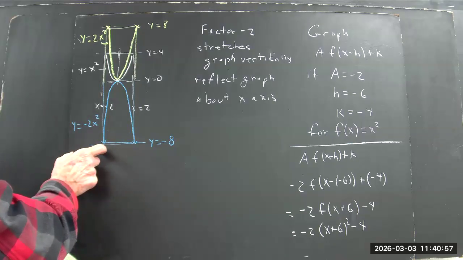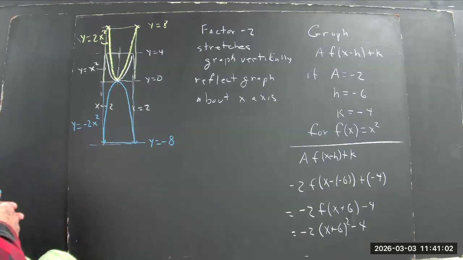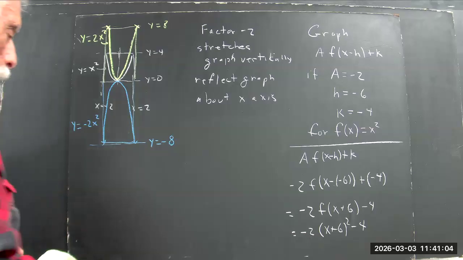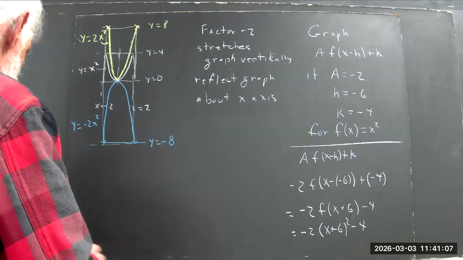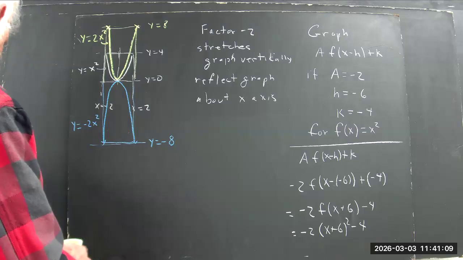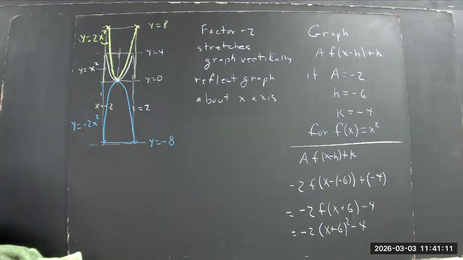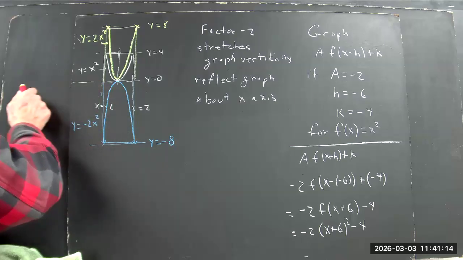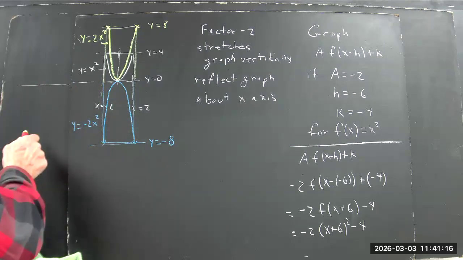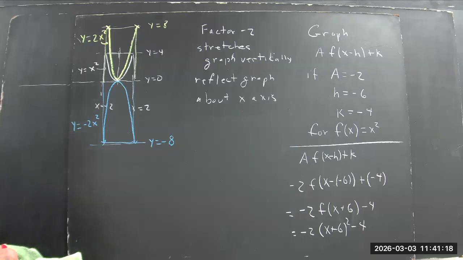Okay, so this is -2, here's -4. So I'm going to continue my y equals 0 line over here. And I'm going to say that x equals -6.